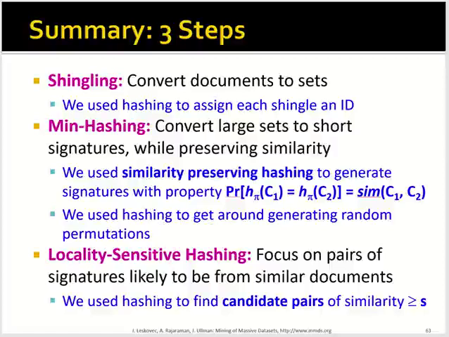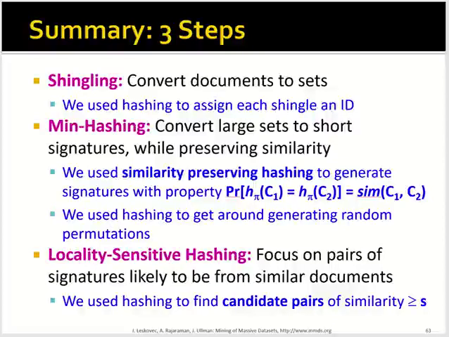The next concept is efficient min hashing. It is not really possible to generate random permutations, but it is normal to simulate a permutation by picking a random hash function, taking the min hash value of the set as the least hash value of any of the set's members. The following concept is locality sensitive hashing for signatures.